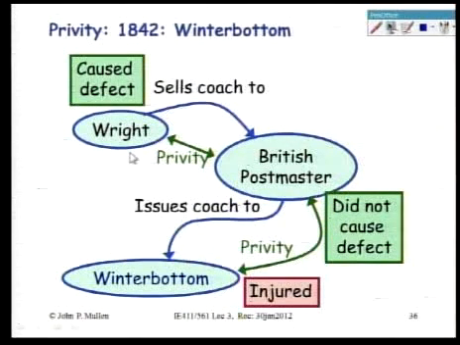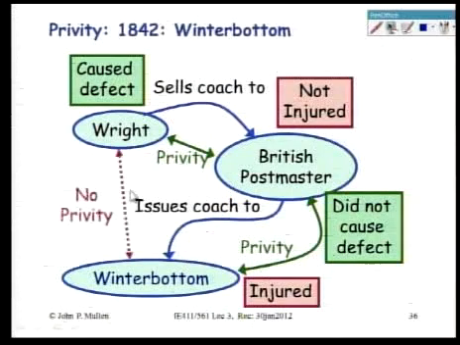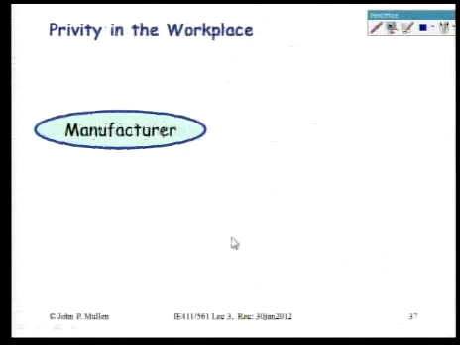Wright caused the problem. The British postmaster, well, he wasn't injured, so he has no reason to sue Wright. So the case was thrown out because there was no privity between Winterbottom and Wright. No contract, no exchange of money and goods between them.